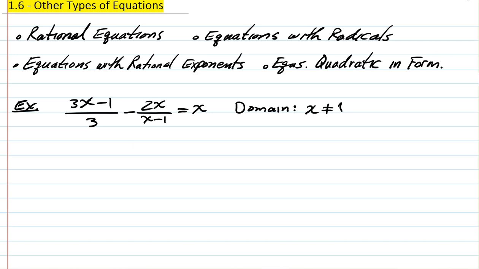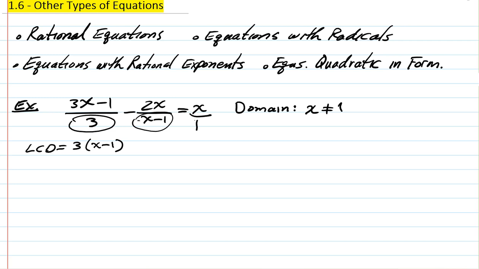Now, there are a couple of ways of solving these rational equations. One way is to identify the LCD. So here you go. The LCD is 3 times (x minus 1). Remember, we need this for all denominators. Even on the other side, sometimes we have a fraction. This time we don't, so the denominator is 1.